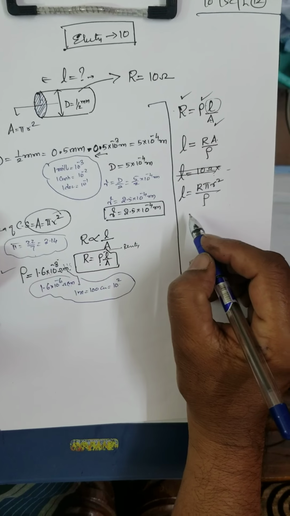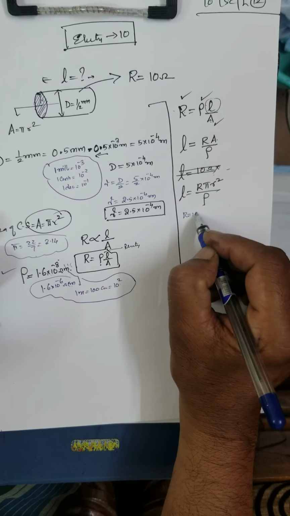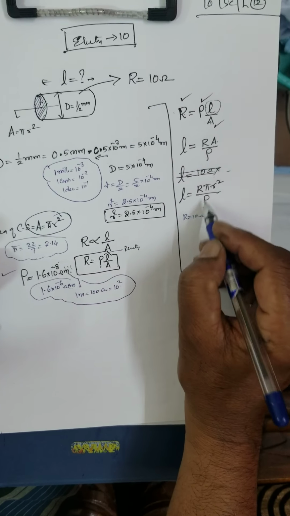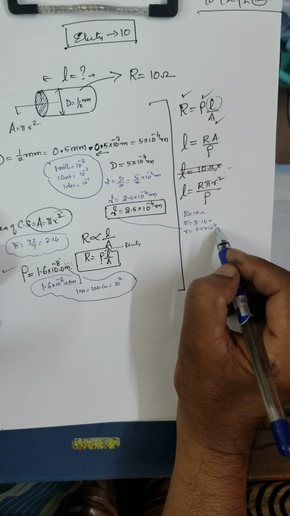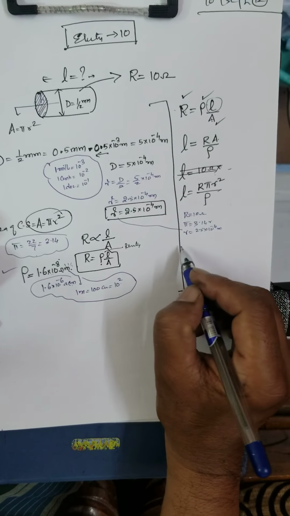Here resistance is 10 ohm. Pi is 3.14. And r square. What is the value of r? 2.5 into 10 to the power of minus 4 meter. Then rho, what is the rho they given? Rho value is 1.6 into 10 to the power of minus 8 ohm meter. All these things I am going to put in this formula.